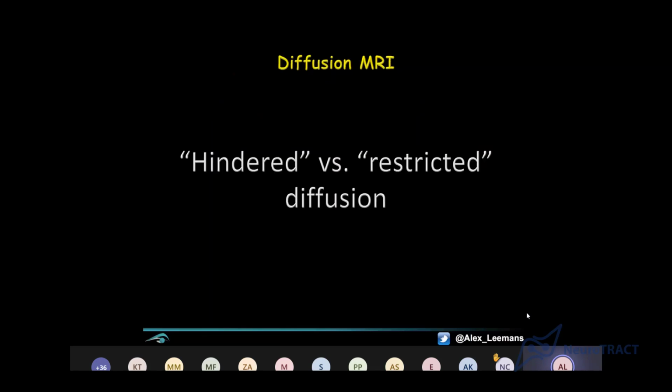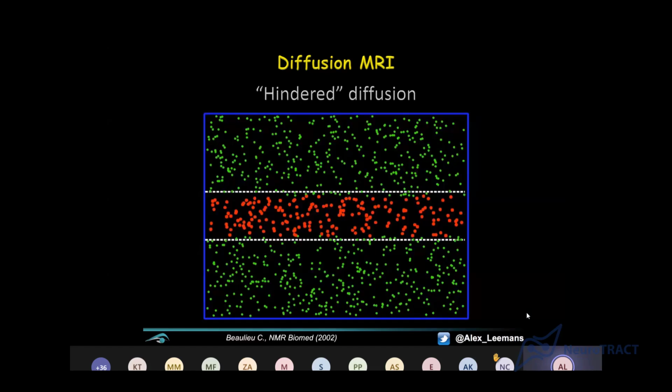Okay, another aspect, hindered versus restricted diffusion. I'm going to show a similar animation again. Actually, it's the same one as before. This is an example where I have some barrier, and let's assume this barrier is semi-permeable, meaning that it will be hindering the molecules.